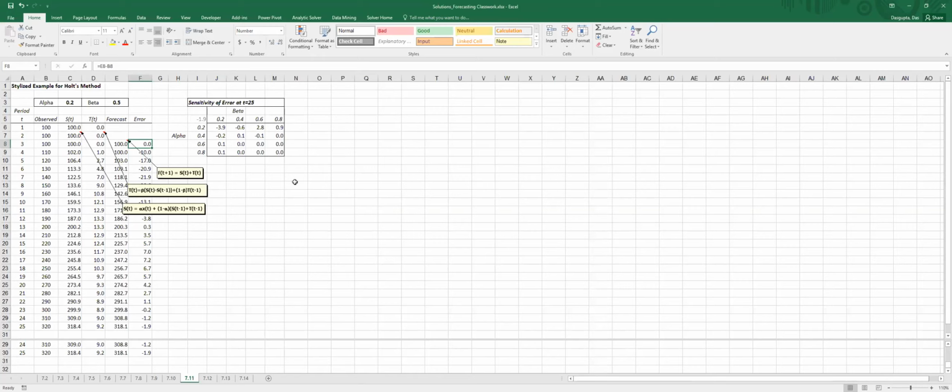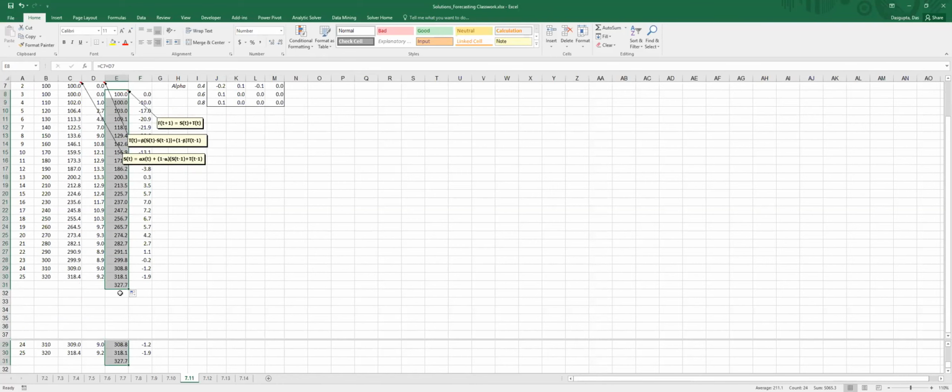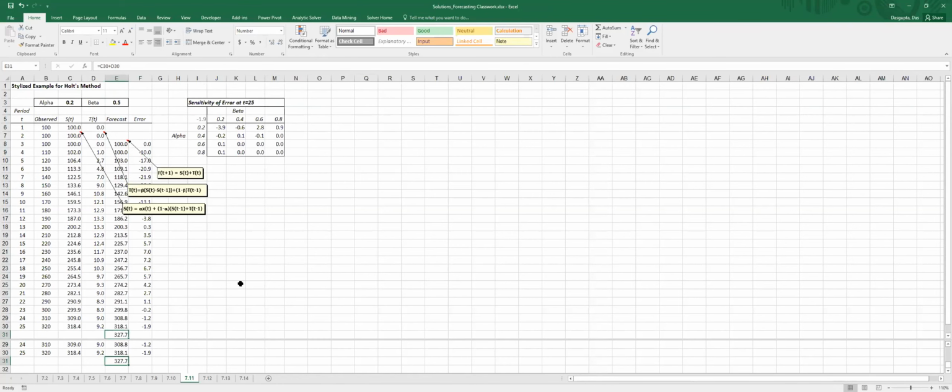This will have a better forecasting ability. If you drag it down one more row, you will be much more confident about how this is working. It's going to give you a forecast of 327.7, which combines the seasonality and trend for you.